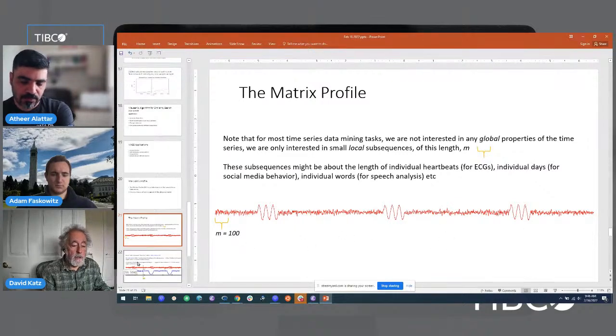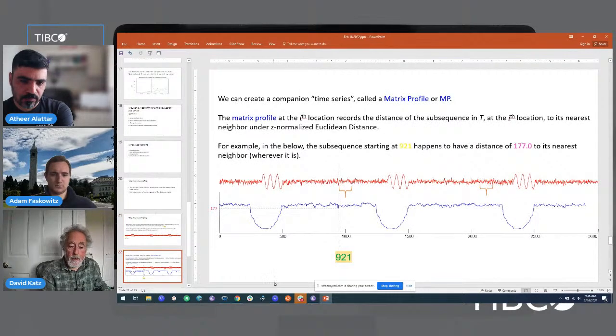So the idea of the matrix profile is to create this blue line, which says, okay, these all look very similar to all the other ones, in terms of the correlation that's used. You have maybe a subsequence of 100, and you compare that to all the other subsequences of 100, and it's very similar to most of them.